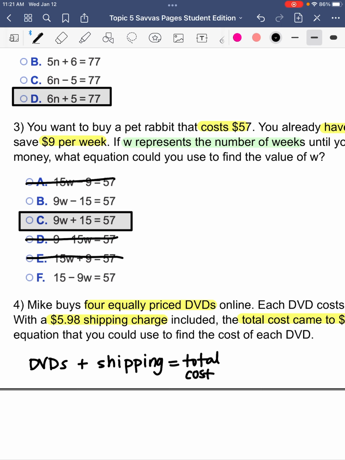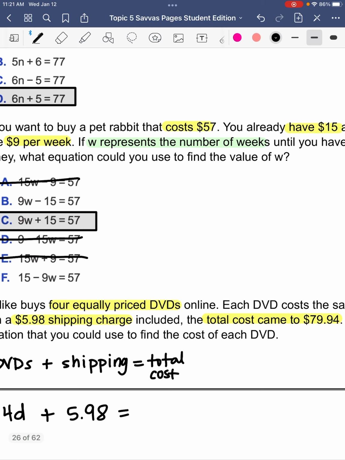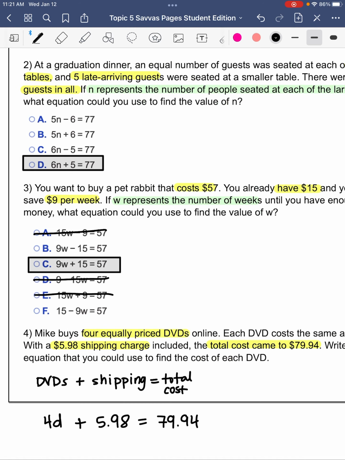So could I say 4D because you're buying 4 of those DVDs and they all cost the same amount? Yeah, I could. Plus, you pay that flat shipping rate of $5.98, and altogether that's going to equal the total cost of $79.94. So 4D plus $5.98 equals $79.94.